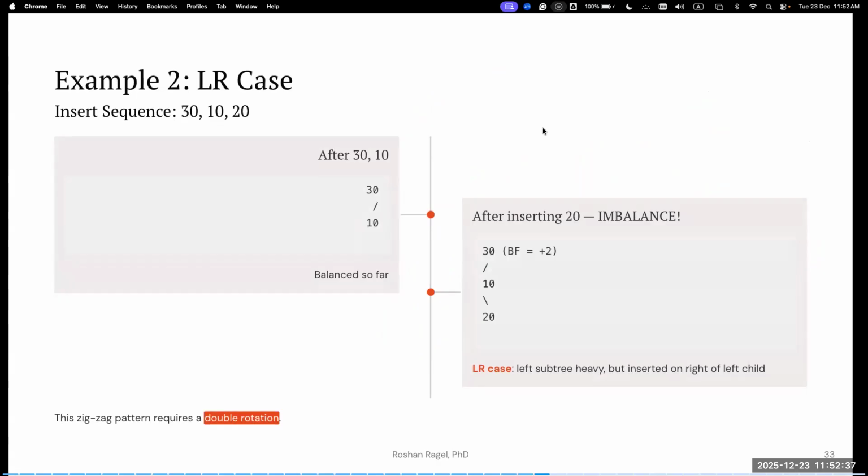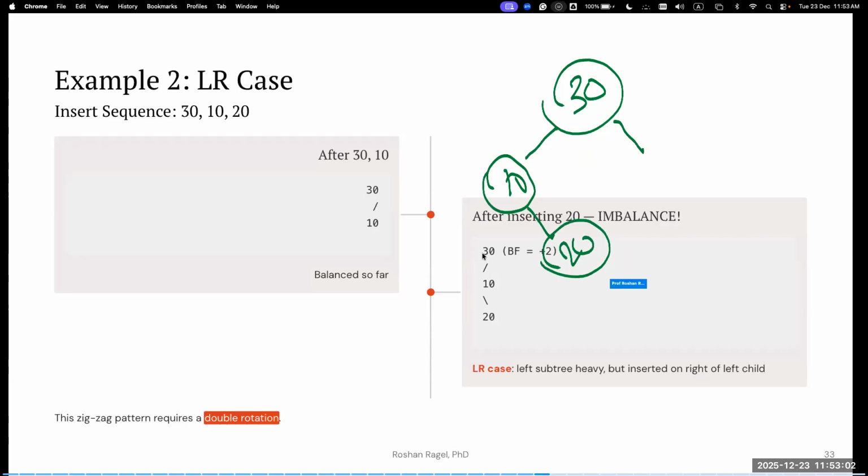So this is a different one, the zigzag problem, right? If you have a zigzag problem, then you'll be fixing it by doing two rotations. So 30, 10, 20 is a zigzag problem because it will be like this. So 30, then we put 10, therefore 10 is on this side. And then 20 is in between the two, so it's going to be here. A situation like that, we'll have to do one rotation first like this, and then a rotation like that.